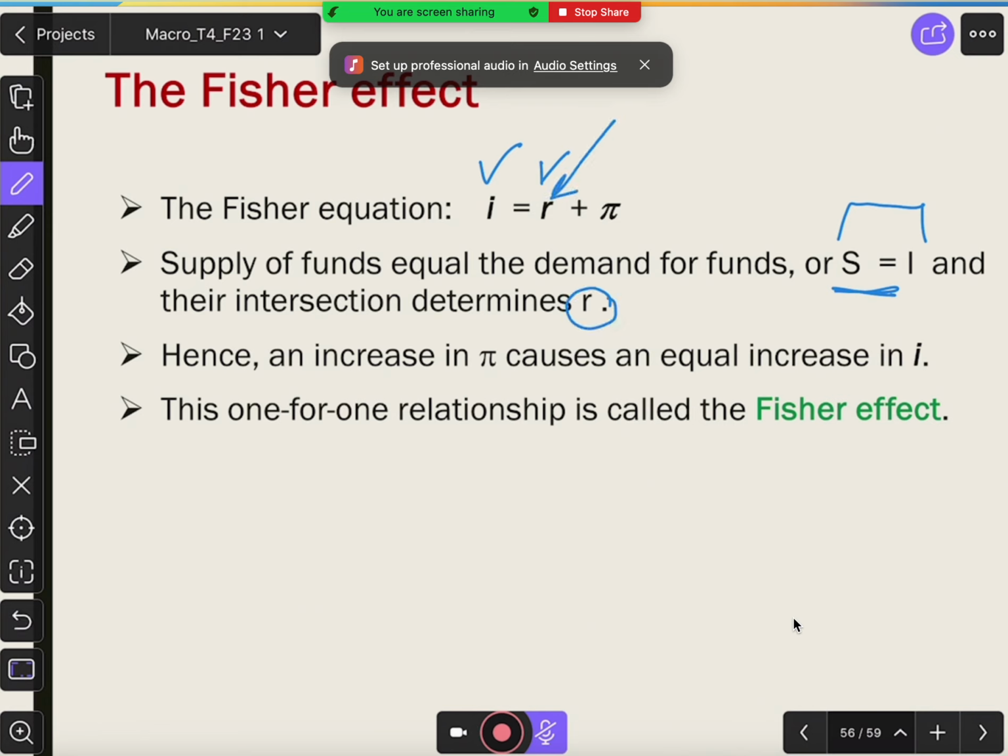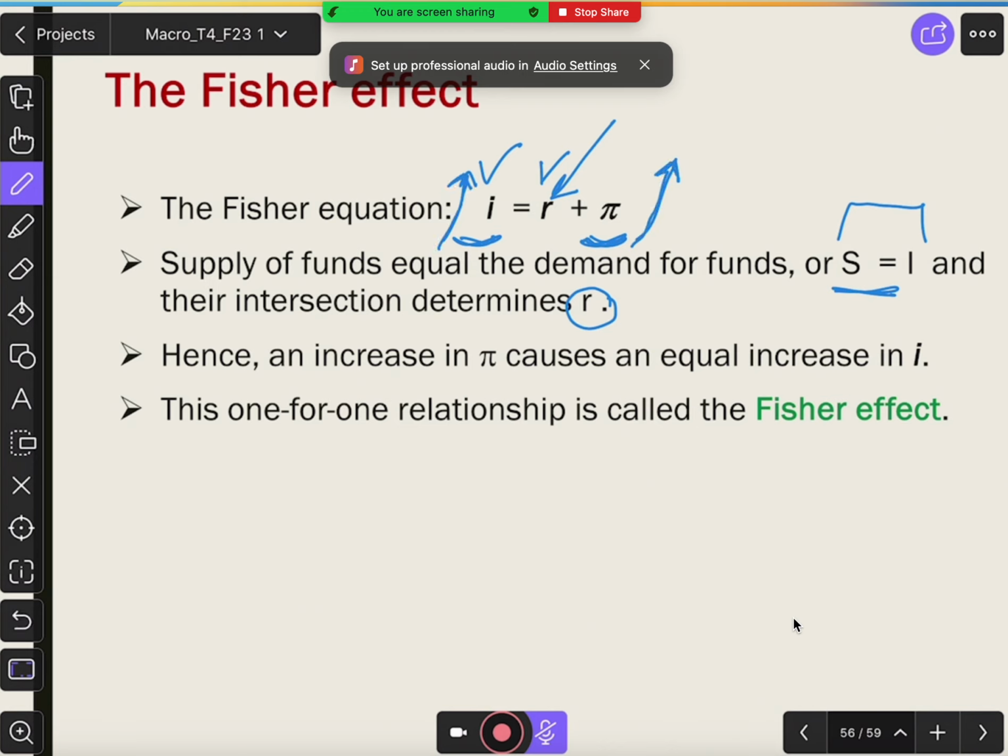Let's assume this R is fixed. So the connection between inflation and nominal interest rate would be one-for-one. The higher the inflation, the higher the nominal interest rate, and this is actually what we see today in the economy. We see inflation going up, and the interest rate is also going up.